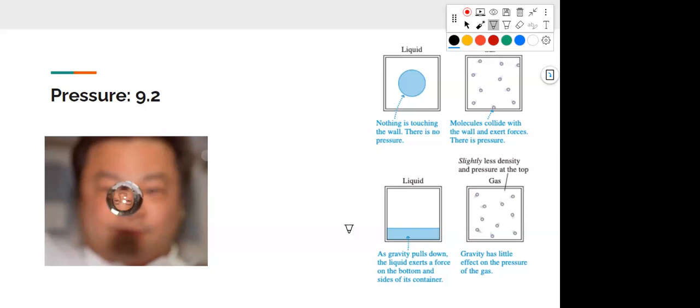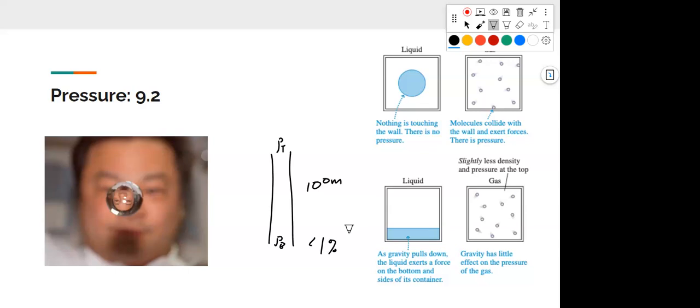You can see it says that gases will have a slightly lower density on top and a slightly higher density on the bottom. If you want a number for this, if you have a 100-meter tall tower, so 300 feet or so, more than a football field vertically, then the density at the top compared to the density at the bottom will be the same within 1%.